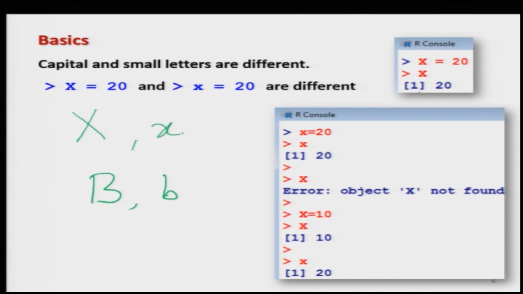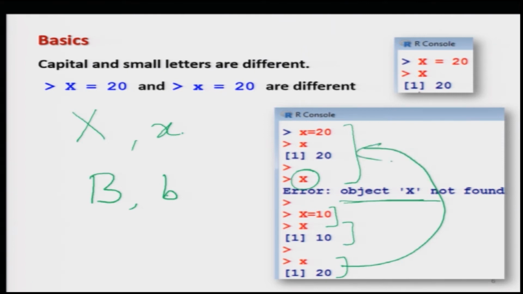For example, if I take small x equal to 20, and if I try to show you the value of capital X, then it will show that there is an error, it is not there. But if I take capital X to be 10, then it will give me capital X to be 10 and small x to be 20, which is coming from here. I will show you on the R console, which will make these things more clear.